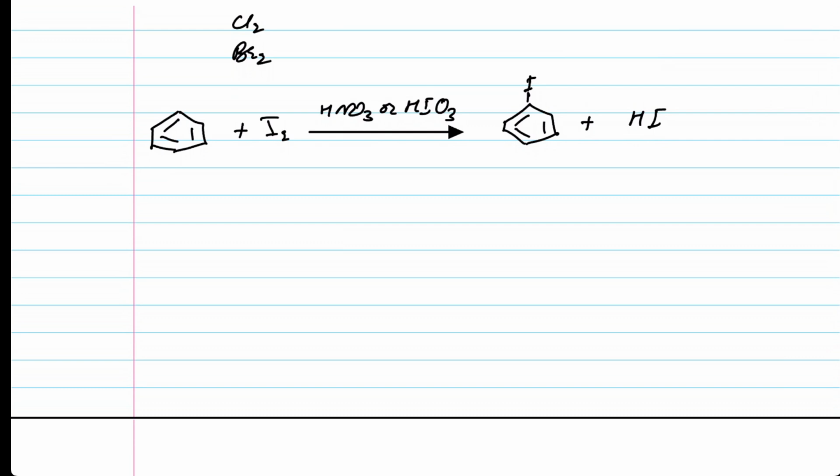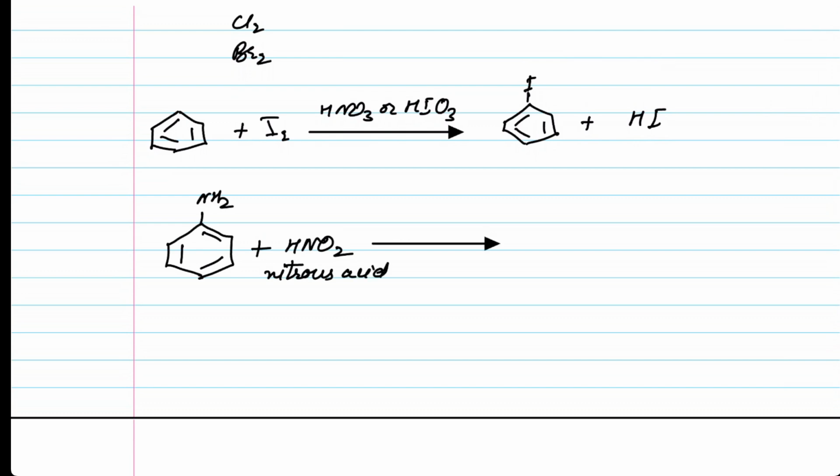Now, to talk about further, haloarene can actually be prepared from aniline. We have aniline and we react aniline with HNO2. This is what we call nitrous acid. The nitrous acid is not a stable acid, so it is not being used directly.